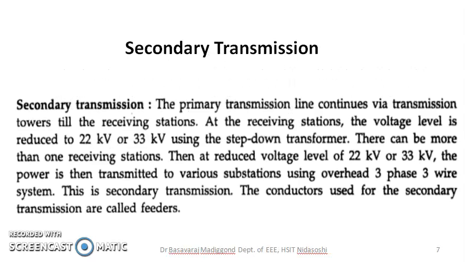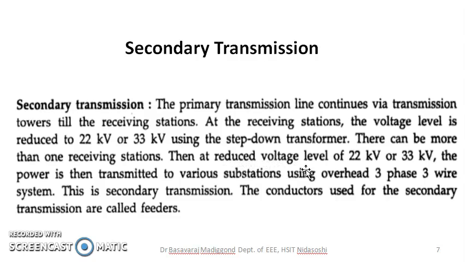Okay, and next comes secondary transmission. The primary transmission line continues via transmission towers till the receiving stations. At the receiving stations, the voltage level is reduced to 22 kilovolts or 33 kilovolts using step-down transformers. There can be more than one receiving station on the outskirts of the cities.